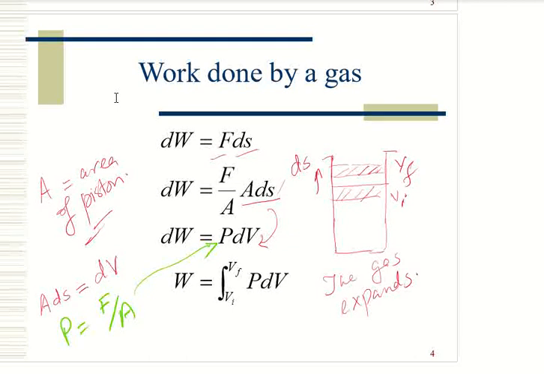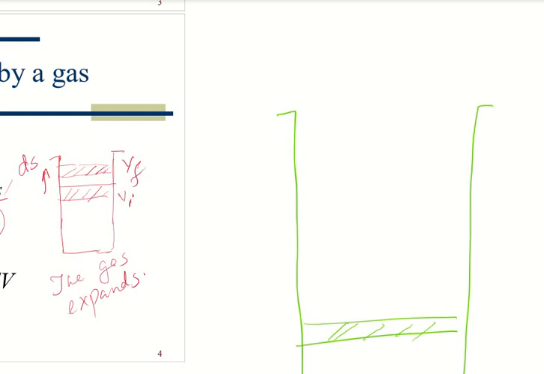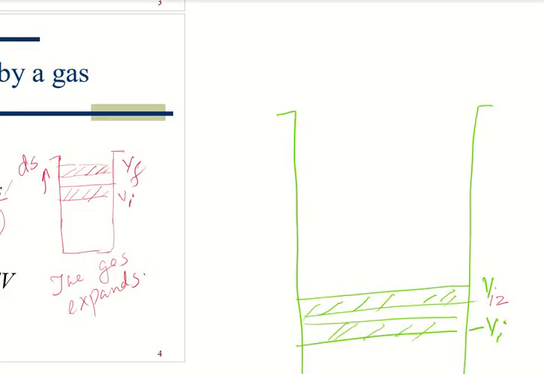Now suppose we have a very large cylinder, and we calculated the work done when the piston moved from this position, initially Vi, to this position. But it's not the final position, so we call it not Vf but Vi2. So it moved from Vi1 to Vi2, but we want to calculate the total work done when it would have reached this position, which we call Vf.